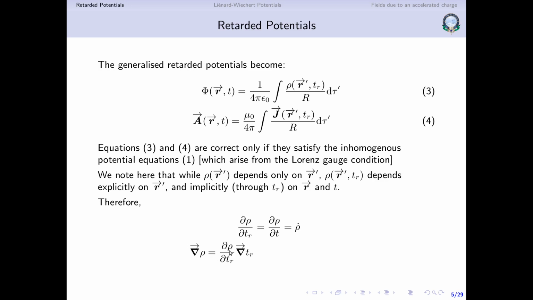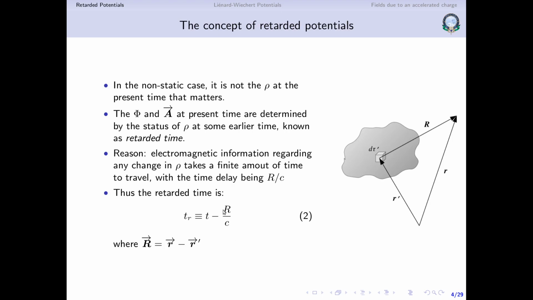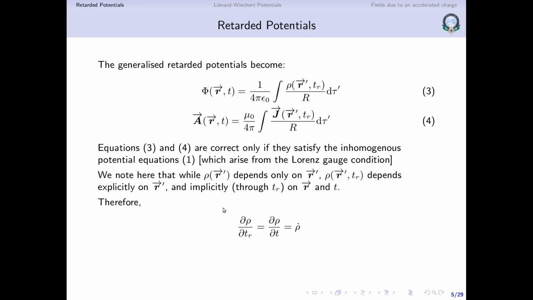You differentiate ρ with respect to t_r because it explicitly depends on t_r, and then you differentiate t_r with respect to r, that is, you take the gradient of t_r. Now ∂ρ/∂t_r is equal to ρ dot, and the gradient of t_r will simply be minus 1/c times the gradient of the modulus, capital R. So ρ dot times the gradient of t_r equals the gradient of R by c, with the 1/c coming outside with a minus sign because t_r is equal to t minus R/c.